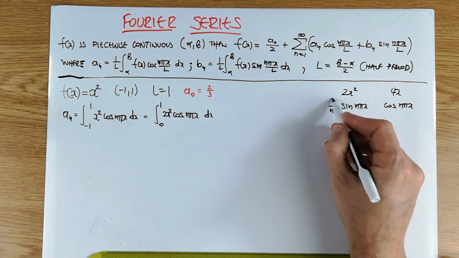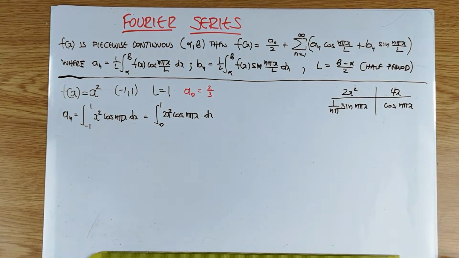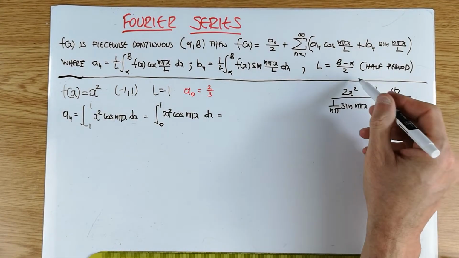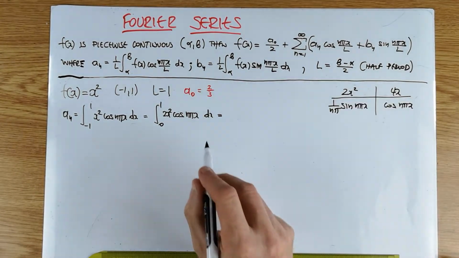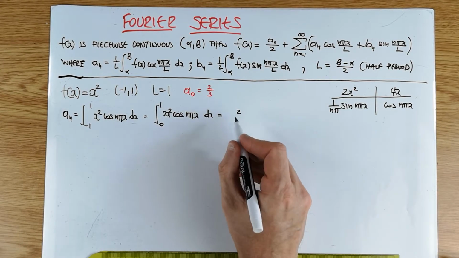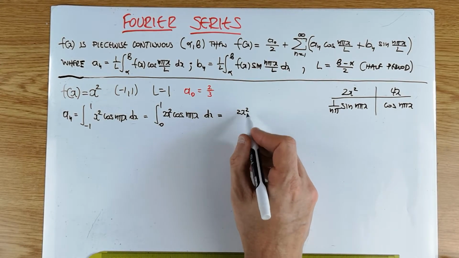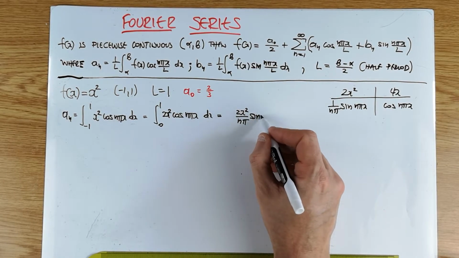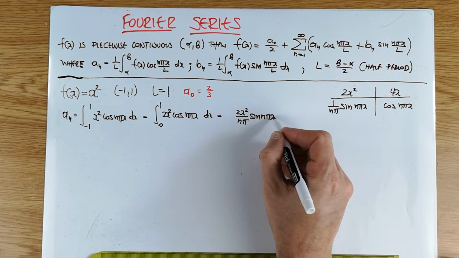Okay, so this is now my little sorter, and when I do that, I'm going to get the product of this column. So I'm going to get a 2x squared over n pi sine of n pi x.